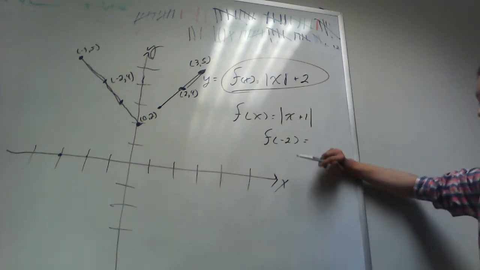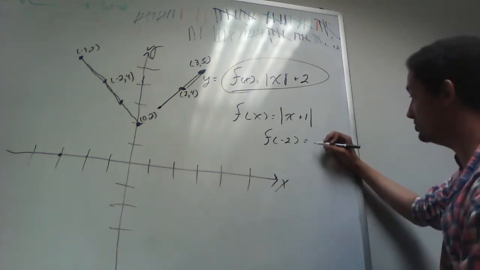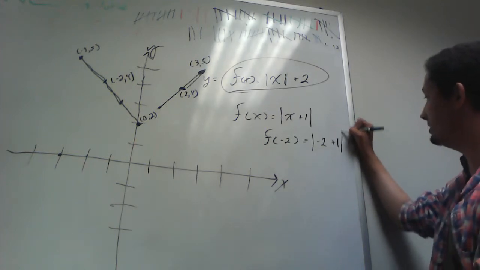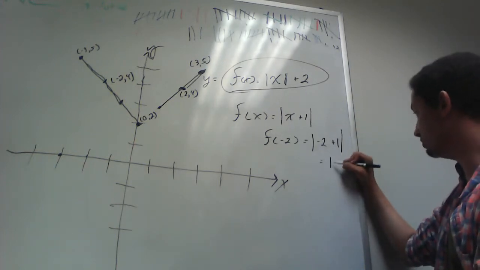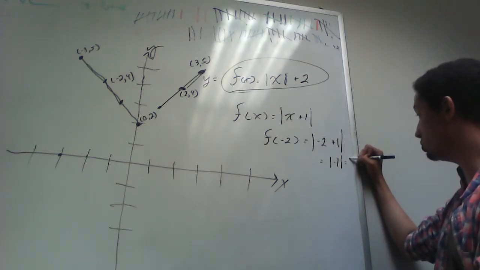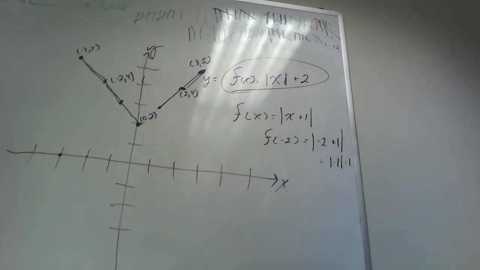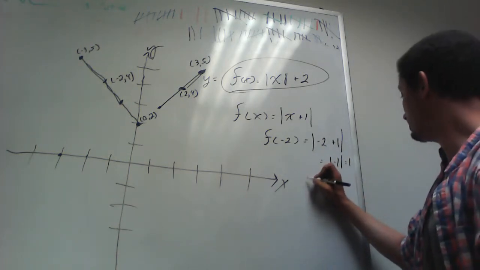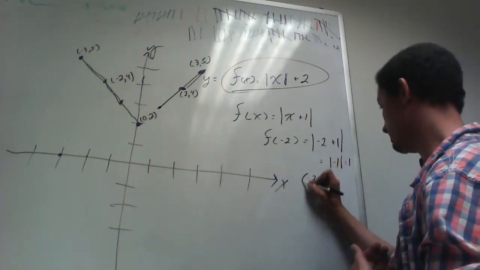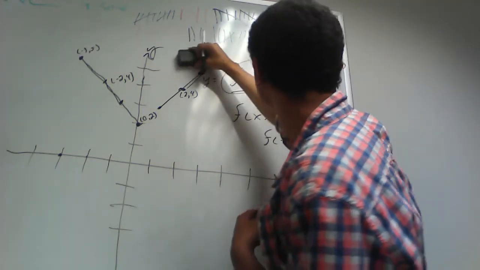But keep in mind that you're actually adding this inside the absolute value sign. So it's negative 2 plus 1, which is equal to the absolute value of negative 1, which is equal to 1. Okay? So you have negative 2 comma 1 as a point on that graph. So I'm going to erase this plot.